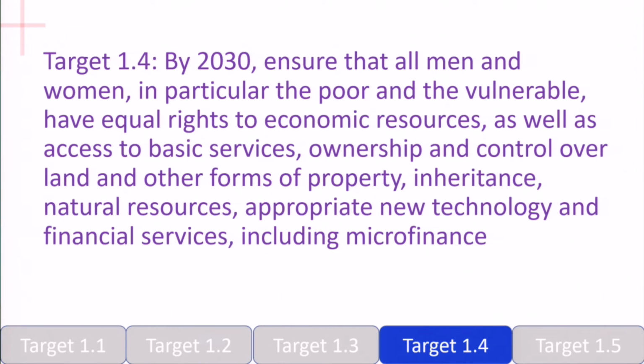Appropriate technology is given to them. They have financial services including microfinance. So, target 1.4 again talks about giving financial aid to the people. We are trying to find out how many people are getting benefited through these schemes.